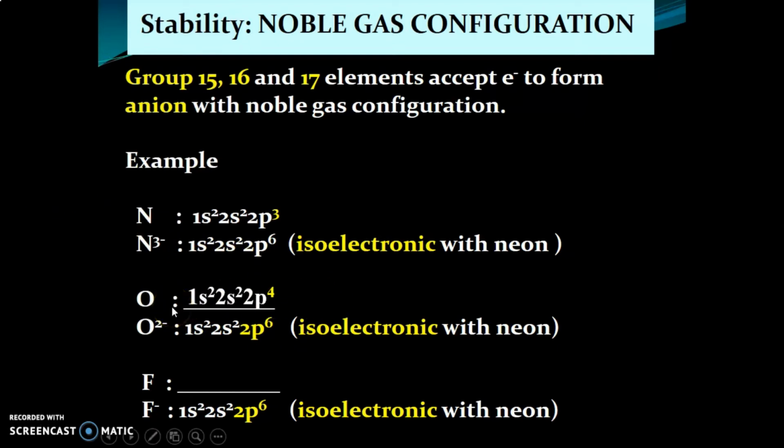So the oxygen atom needs to gain 2 electrons to achieve stability of noble gas. Okay, how about the fluorine atom? What is the electronic configuration for fluorine? Yes, the electronic configuration for fluorine is 1s2, 2s2, 2p5.